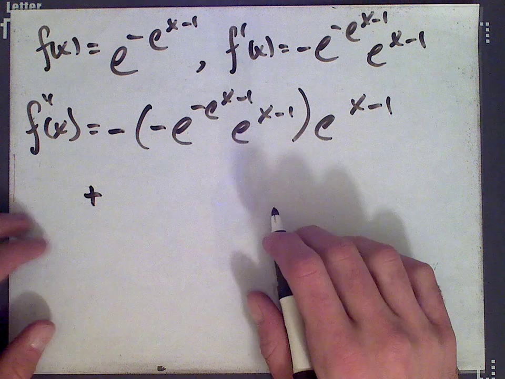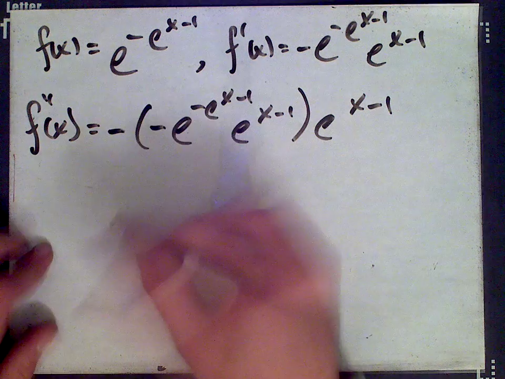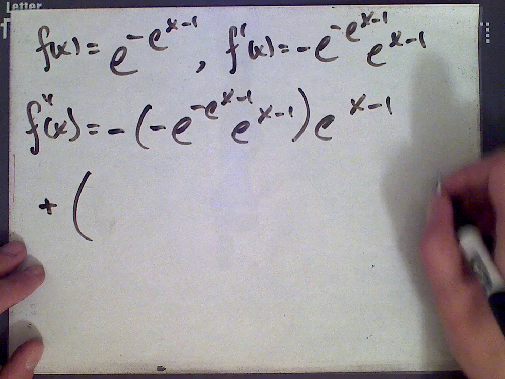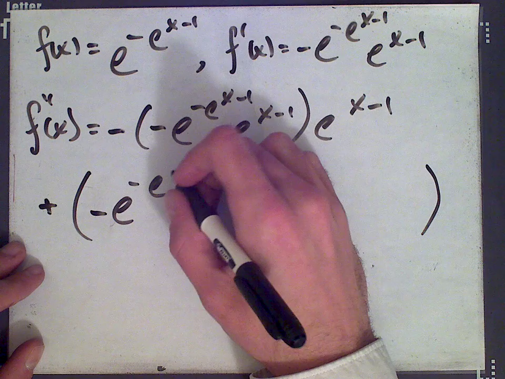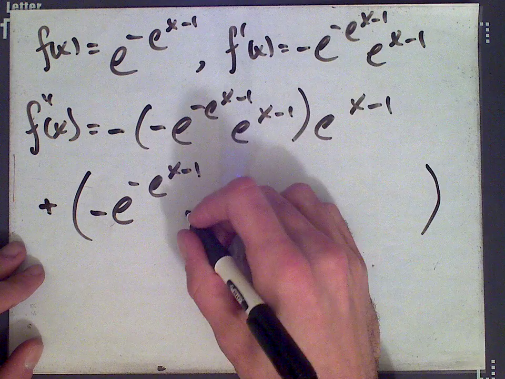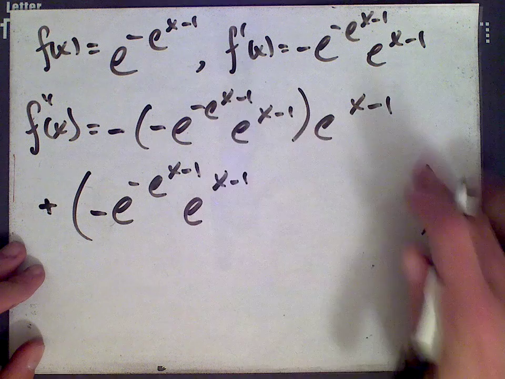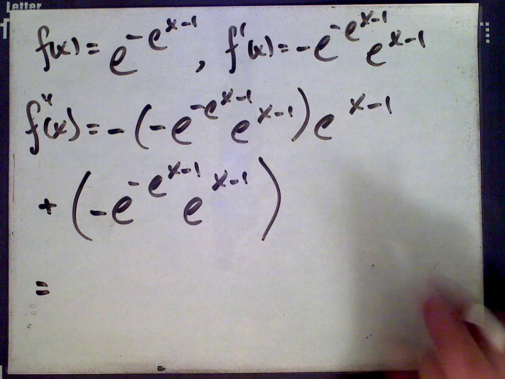And then to this we add the first factor, which is negative e to the negative e to the x minus 1, times the derivative of the second factor, which is just e to the x minus 1. Okay, so that's what we get as the second derivative.